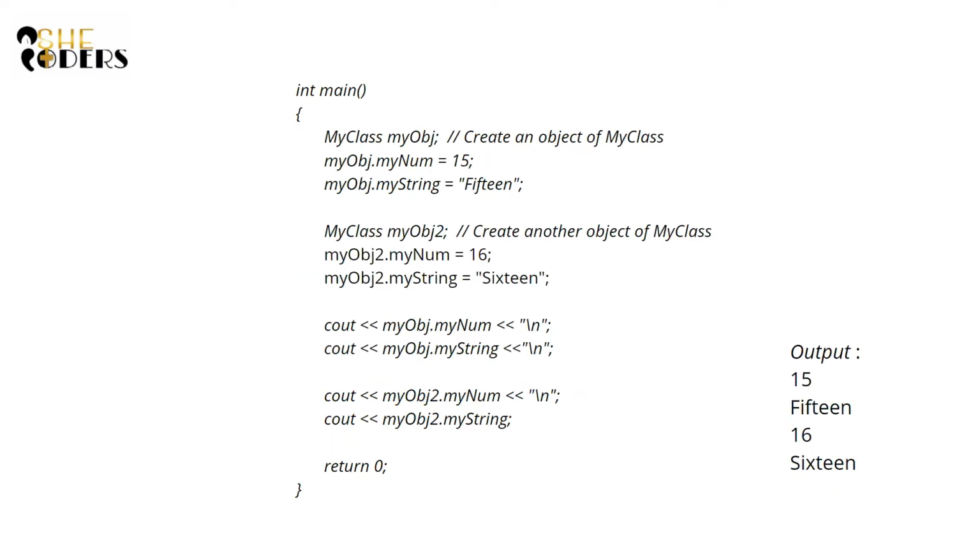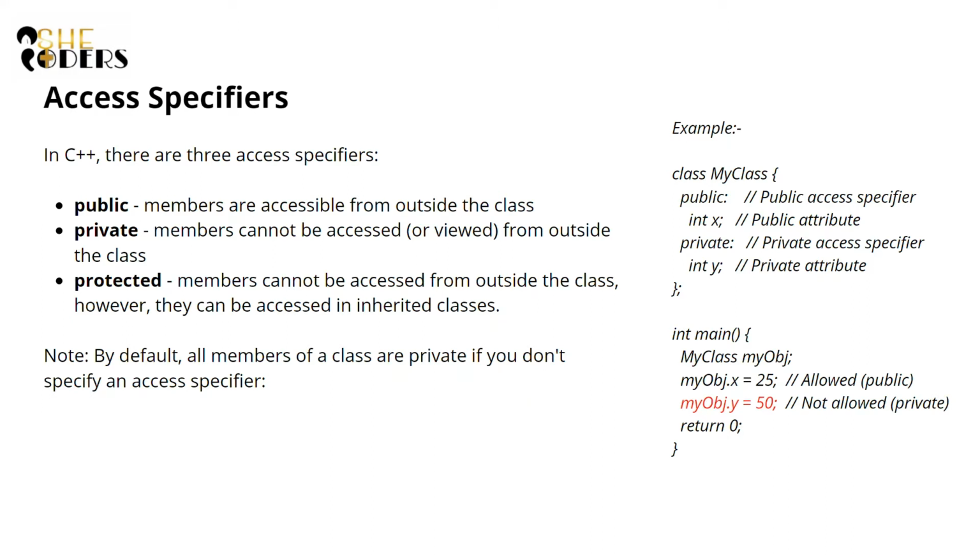In the example, inside the main function I have created one class object, myObj, which is the first object, and the second object, myObj2, is another object of MyClass. Here I have assigned two different values to their attributes, myNum and myString, using this dot operator, and the output will be their respective values. So that is the main baseline: we can have as many objects as we want of a particular class. And coming to the access specifiers.